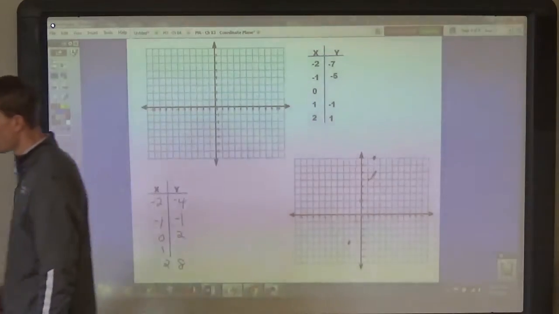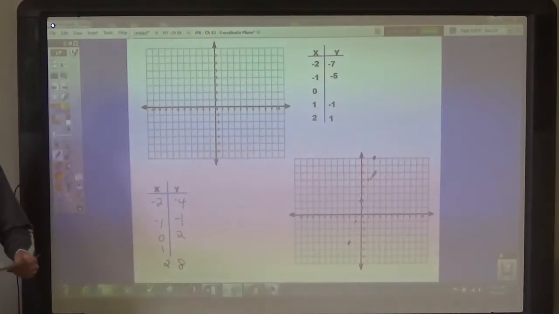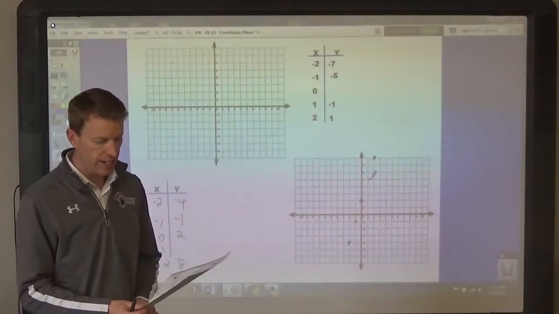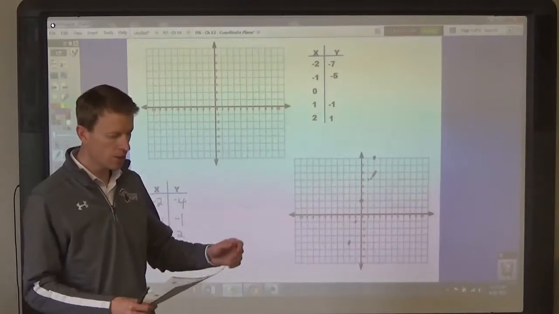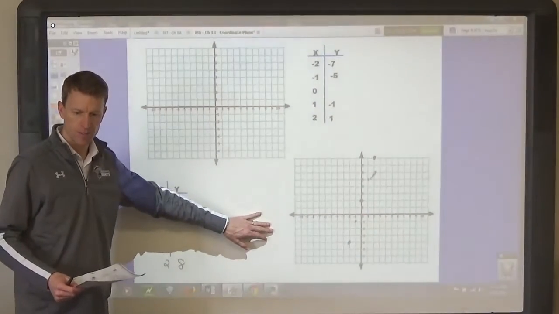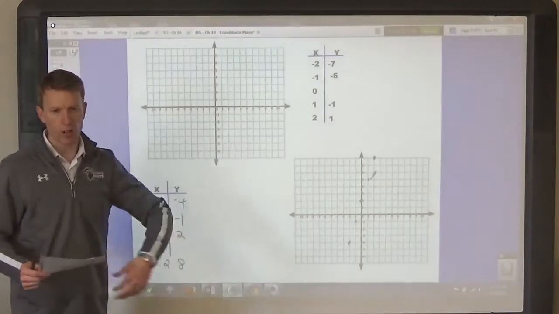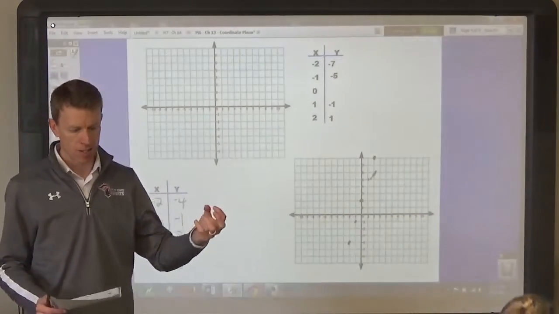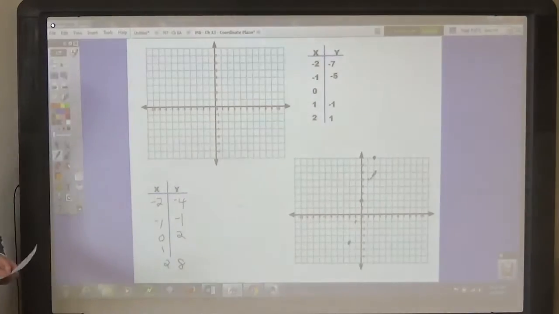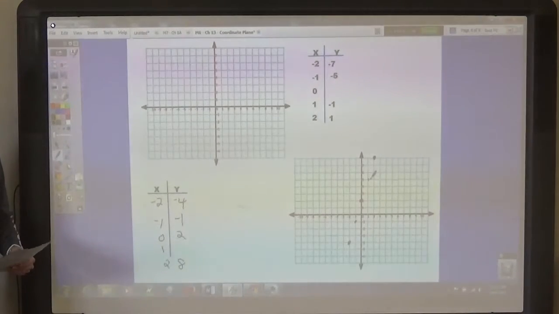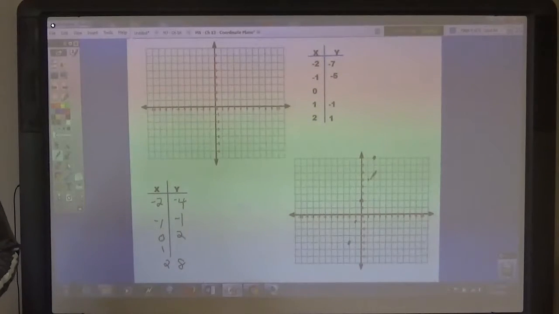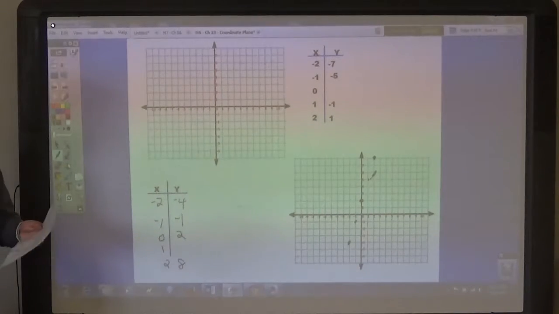Now, on the reverse side, on the next side, PW86, I want you to skip down to number 3. I want you to do numbers 1 and 2. 1 and 2 are just like the ones we just did. But in number 3, we're actually finding some numbers that are related and making a chart. Okay? Jacob? Follow along.